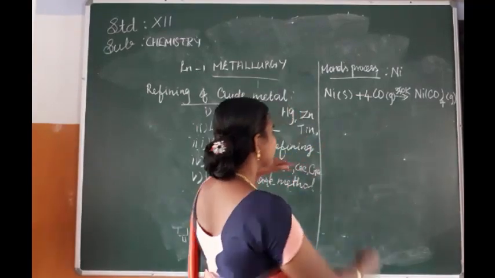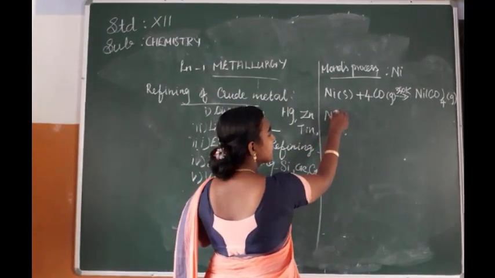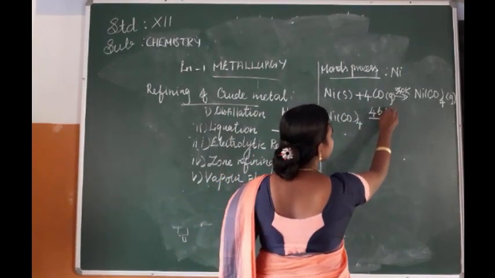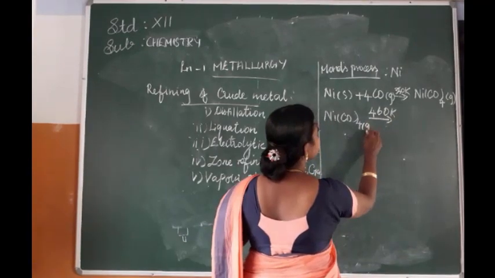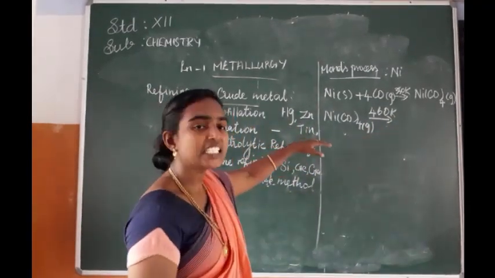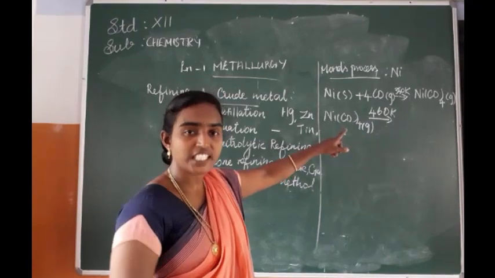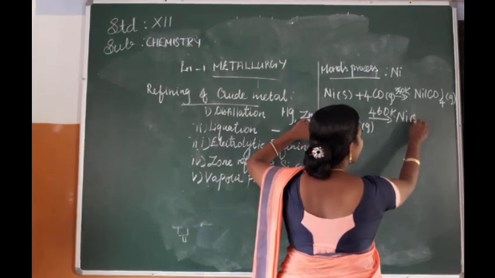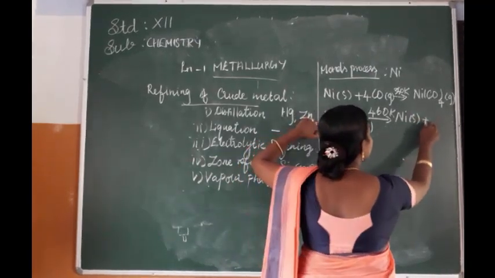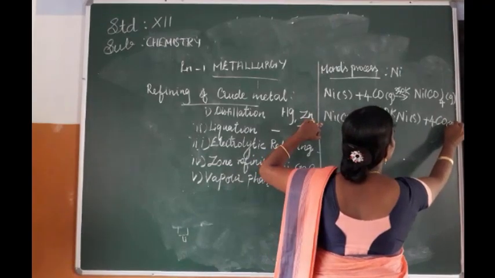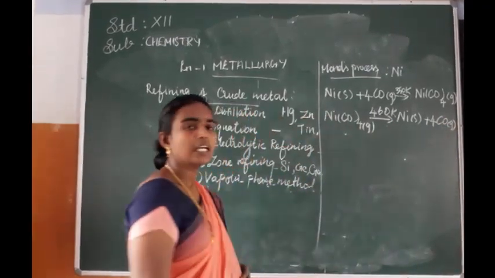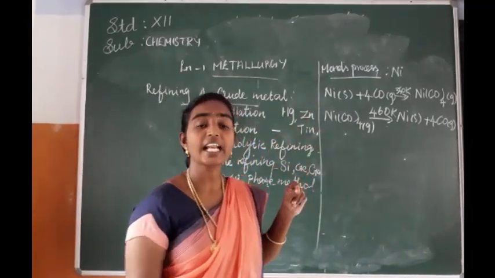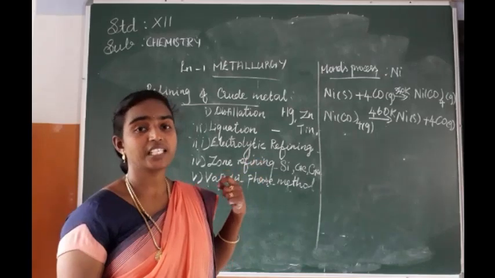So this nickel tetracarbonyl, in the next step, starts to decompose at a temperature of 460 Kelvin. When it decomposes at 460 Kelvin, pure nickel will be formed, but the impurities will be left behind. Have you understood? So using this Mond's process, we can refine, otherwise purify, the nickel.